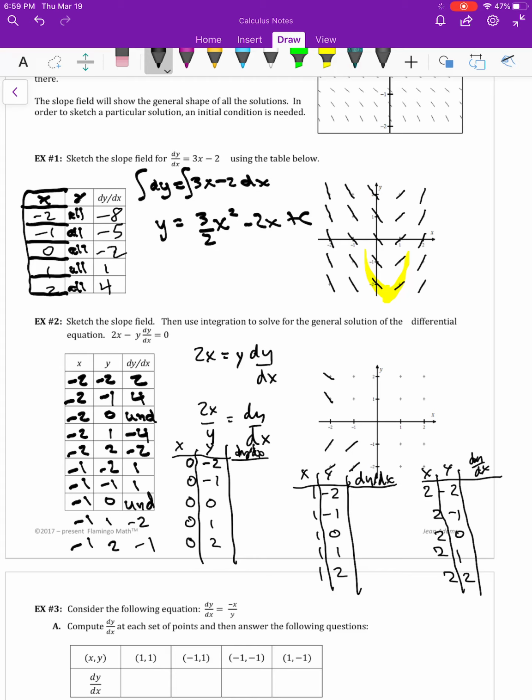I want to check that one though. -2 over -2, -2 over -1. Should this -1, -1, that should have been a +2. Sorry about that, guys. So -1, -2.